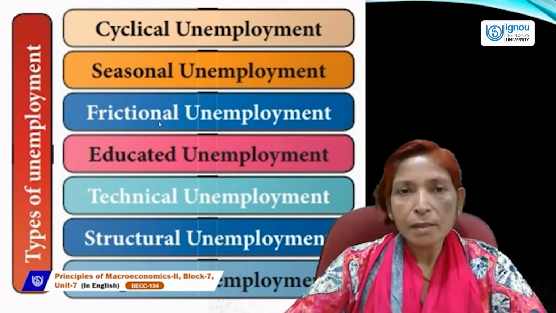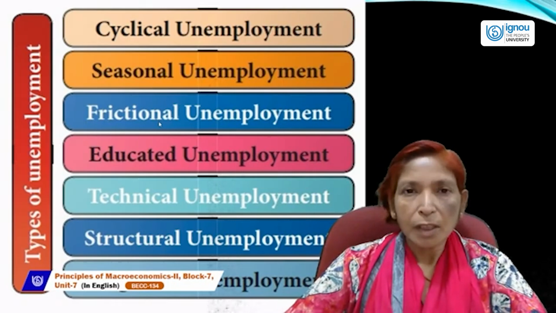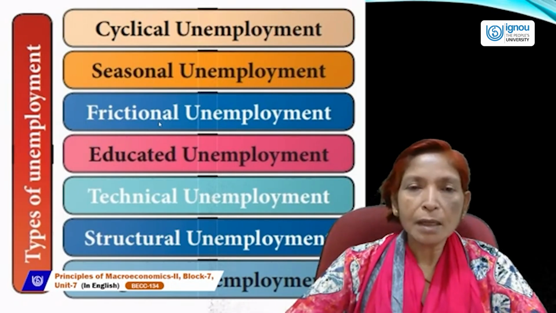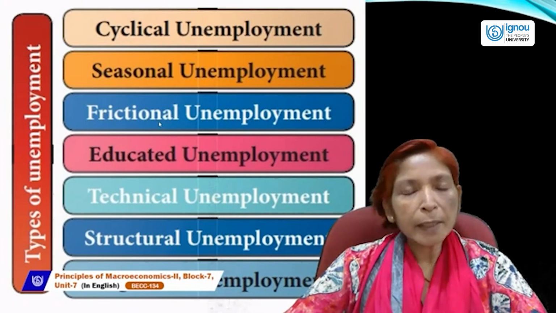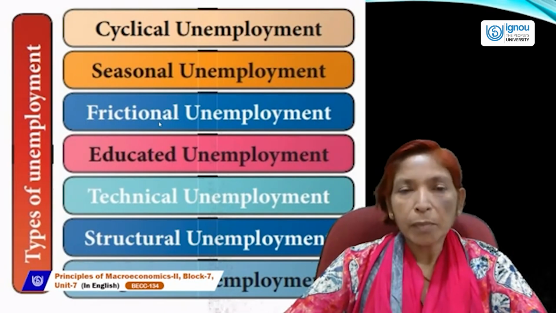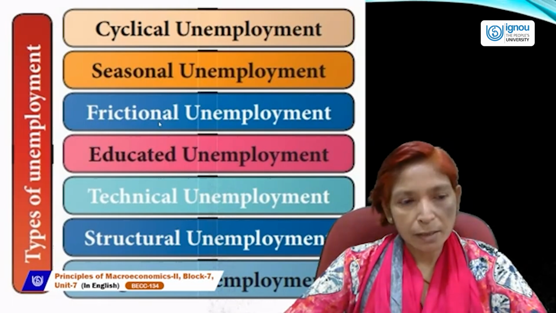Nations should use the type of technology which is abundant in their country. For example, in India, labor is abundant and capital is less available. So for the Indian economy, labor intensive technique is more appropriate, but we are using more capital intensive technology at present.